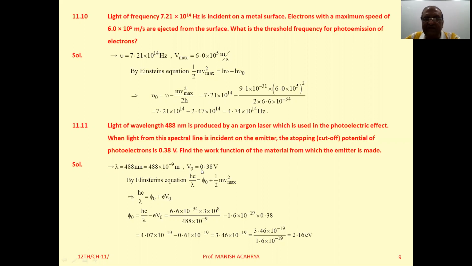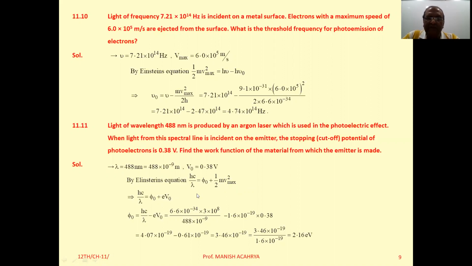Stopping potential is 0.38 volt. Now, as per Einstein's equation, we can write the maximum kinetic energy, half m v_max squared, equals hν minus φ0, but hν we can write as hc by lambda minus φ0.